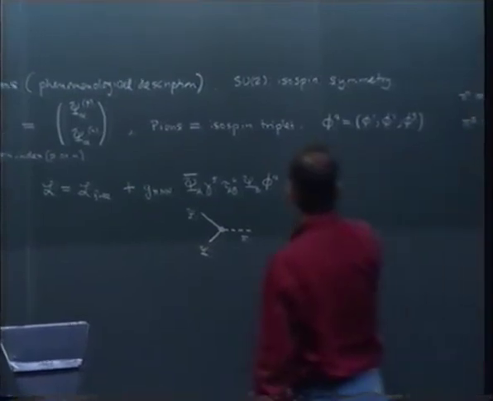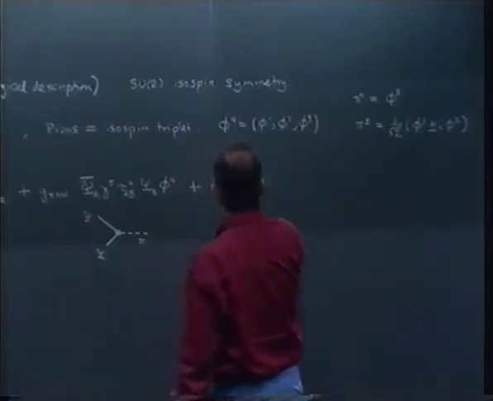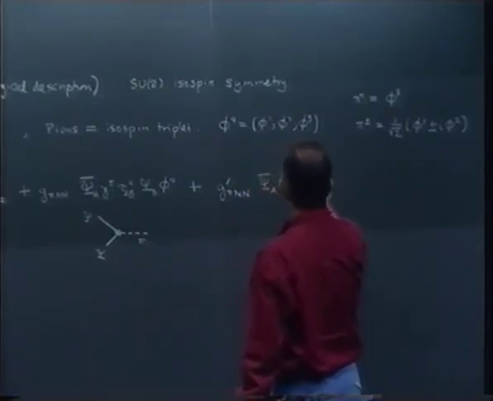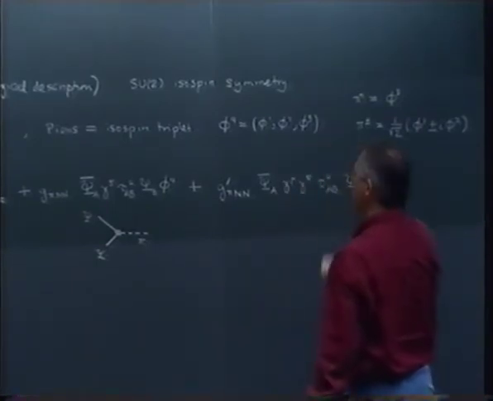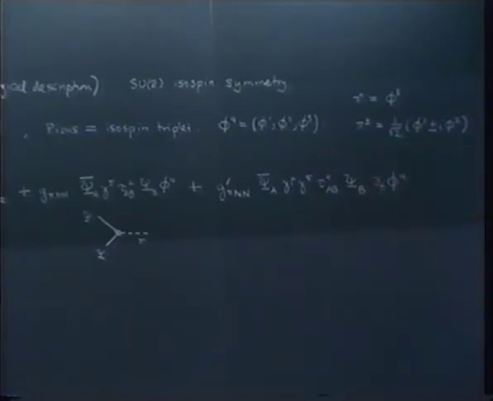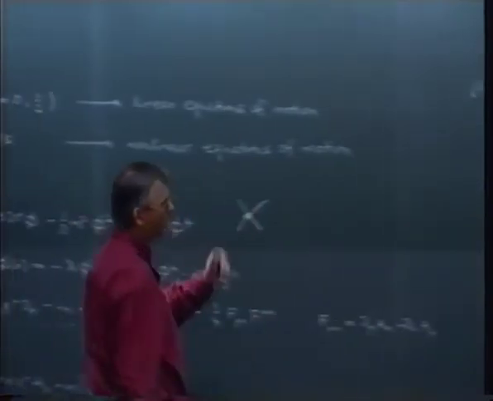Now, of course, this is not the only possibility. There are many others. For example, I could now add a term like this with another coupling constant, where I now insert a gamma mu matrix: tau A, AB, psi B, d mu phi A. So that would be another kind of vertex, and so on. Now it seems at this point that the possibilities are virtually unlimited, especially if I allow myself higher order interactions.